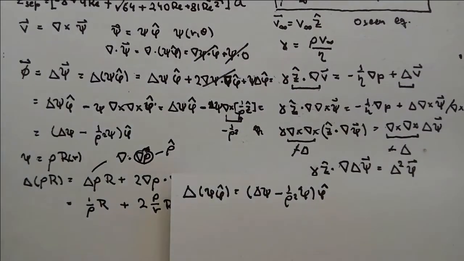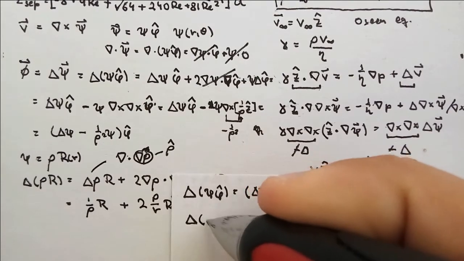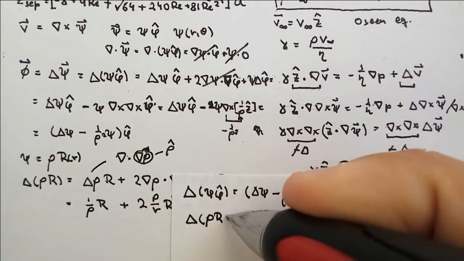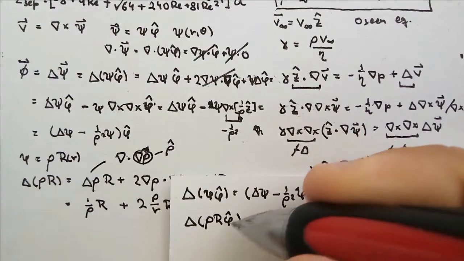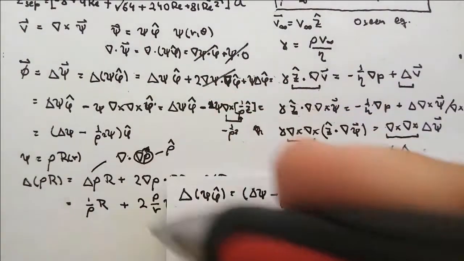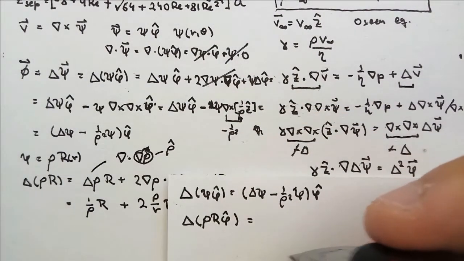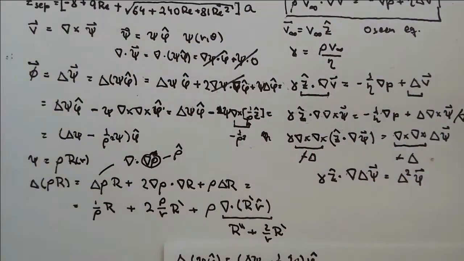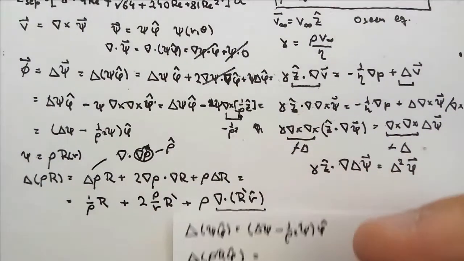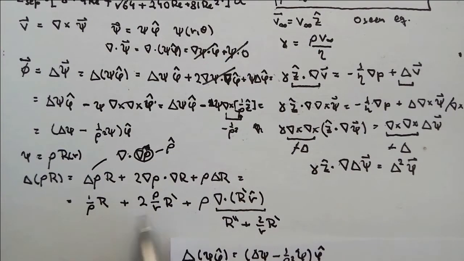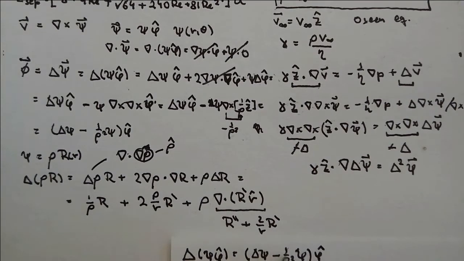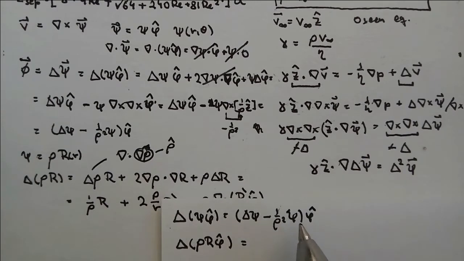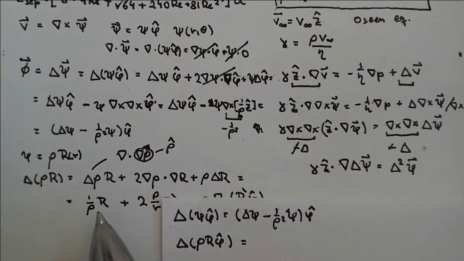We will get this equation, the Laplacian of rho r phi is going to be, again, we have done it before, but to remind you, I've done it again. So it's going to be what? This term will cancel with this term, because this is going to be minus 1 over rho squared times rho r, which is 1 over rho times r, which is here.